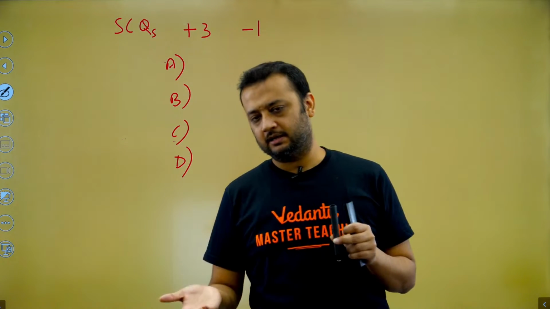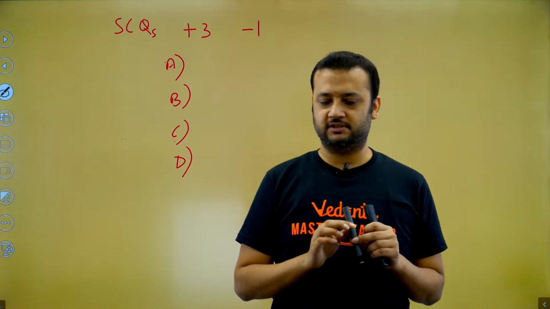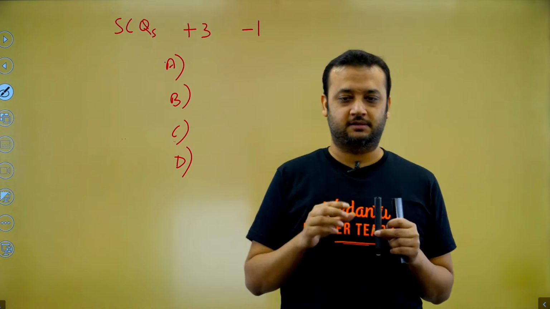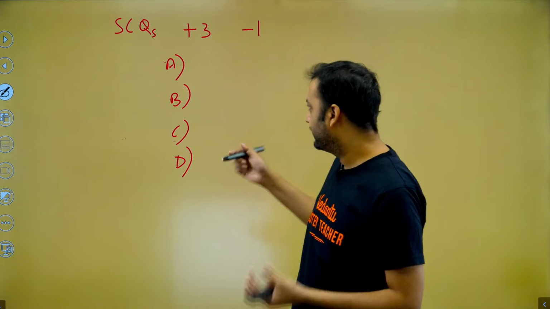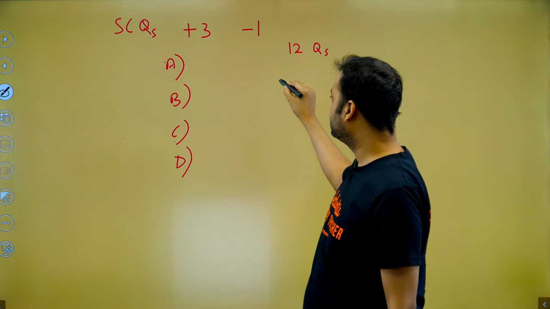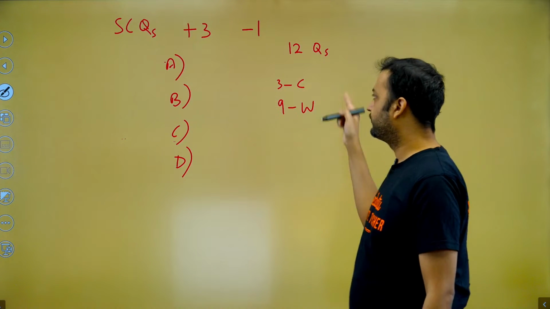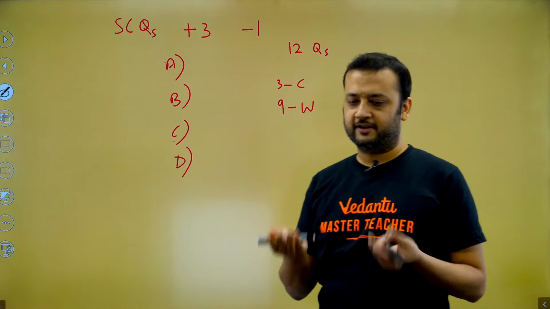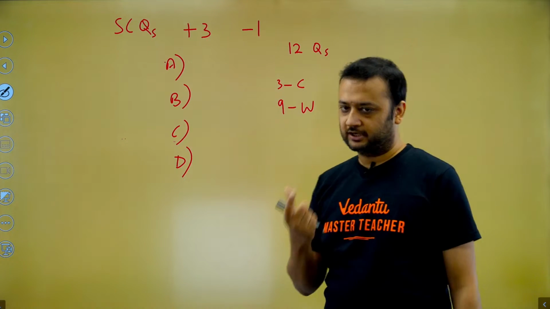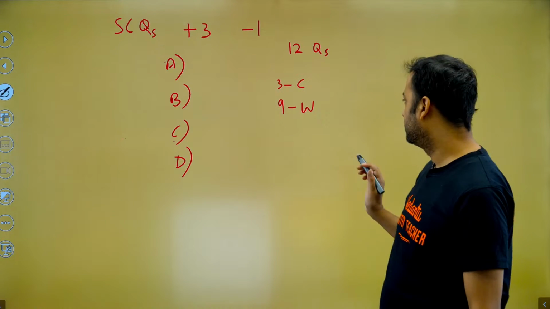On a fair day, 3 questions will be correct and 9 questions will be wrong, because 25% of 12 is 3 questions correct, and 75% wrong means 9 questions wrong.